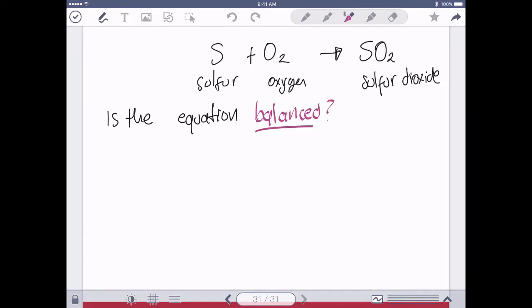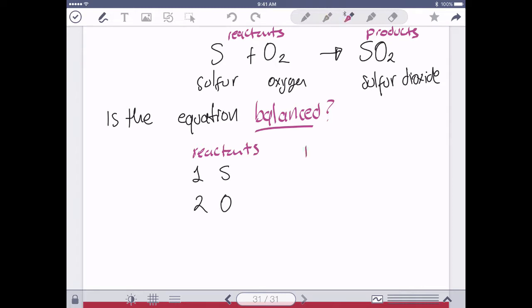So when we talk about balancing, we're referring to the law of conservation of mass and matter. So do we have equal amounts of sulfur and oxygen both in the reactants and in the products? For that, we can just make a very simple list. In my reactants, I have one atom of sulfur and two atoms of oxygen.